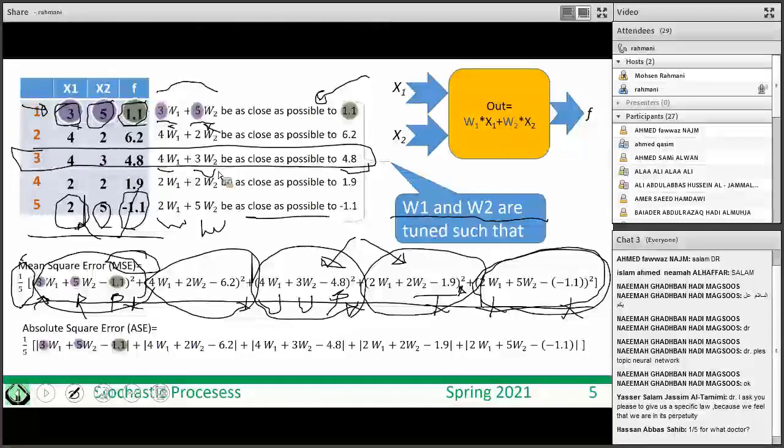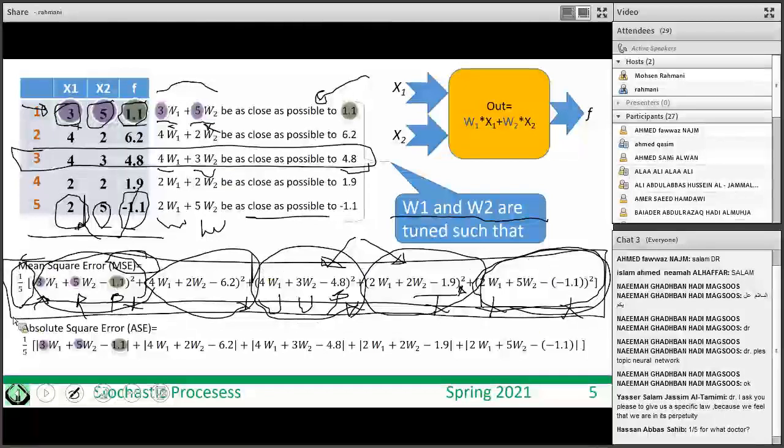In summation, if I minimize this error as much as I can, I can say that I have found the correct W1 and W2.